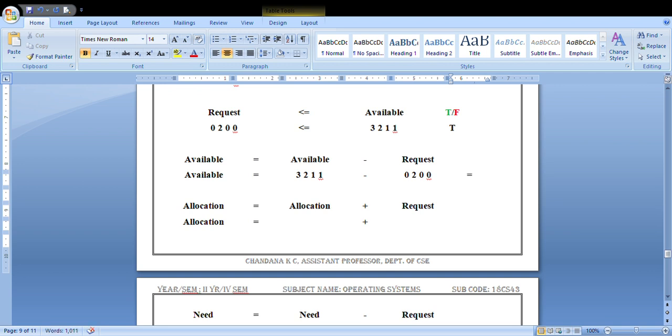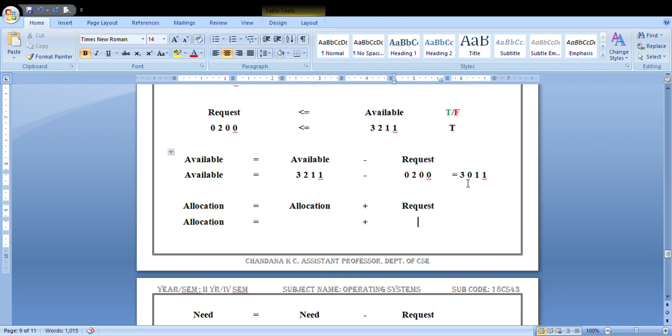What is the final answer after subtracting the request from the previously available value? It becomes 3 0 1 1. This is the new available value.